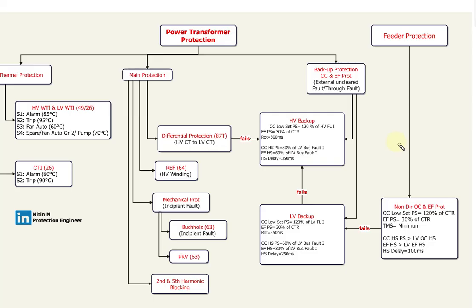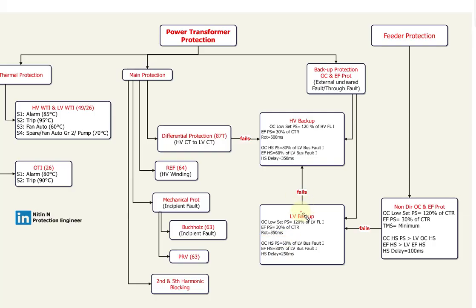Okay, so in this way, whenever there is a fault, the high sets of the downstream feeder will operate first, before the high set of the LV backup. All right. If for a downstream feeder fault, the feeder protection fails to operate, then the LV backup will operate in about 350 milliseconds.